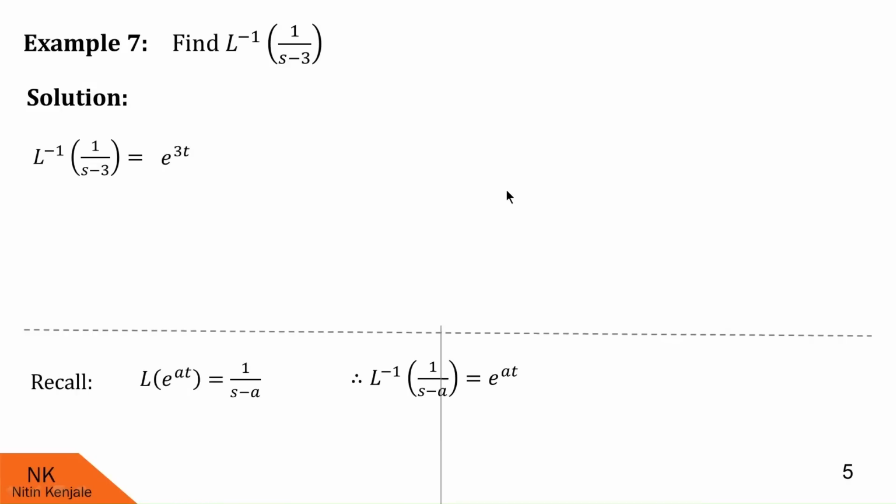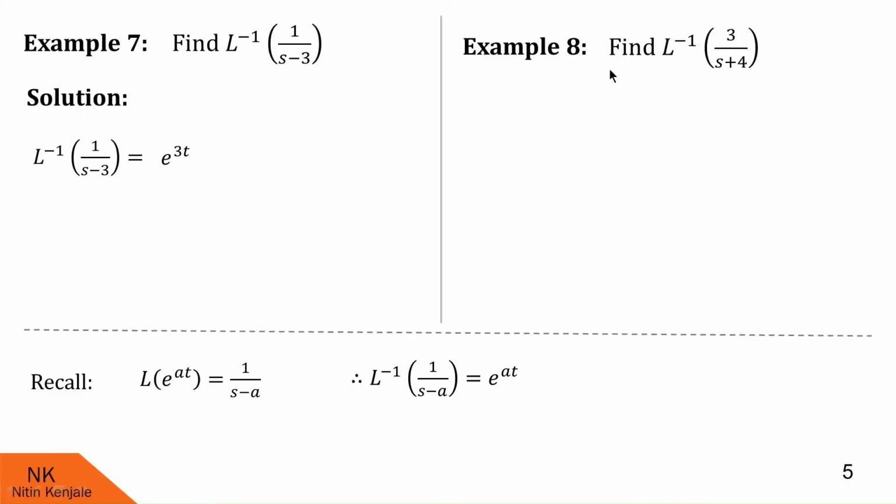Now on similar lines we will solve example number 8. Here we are asked to find L inverse of 3 upon s plus 4. To find its L inverse, we first take out that 3 as it is a constant. Then we will be left with L inverse of 1 upon s plus 4. Now think, whose Laplace transform is 1 upon s plus 4?